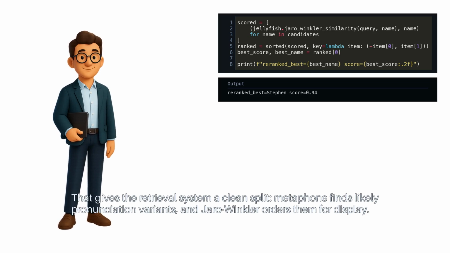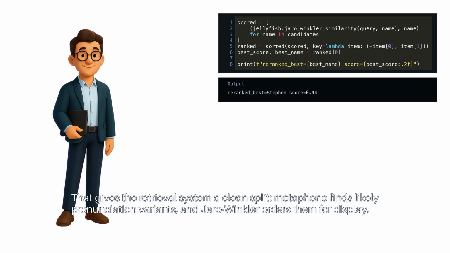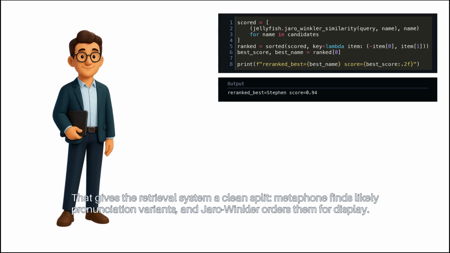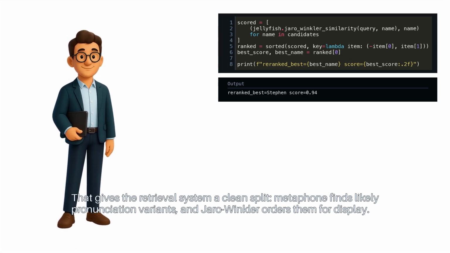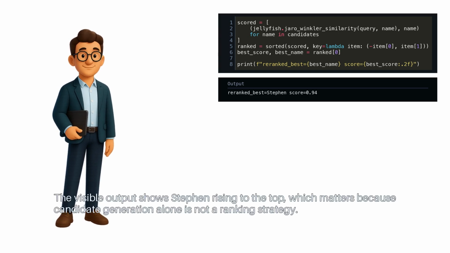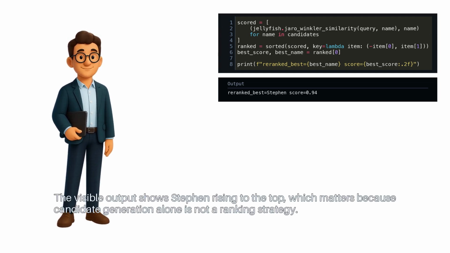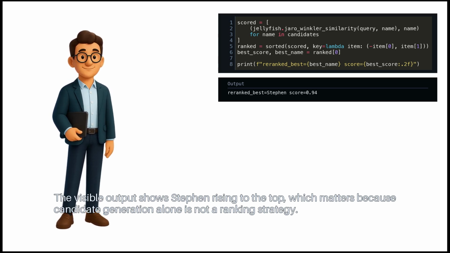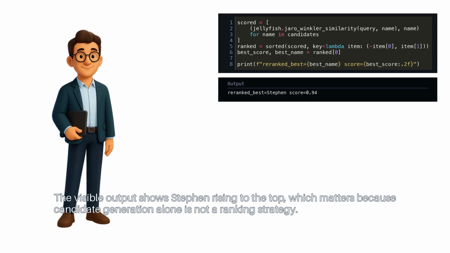That gives the retrieval system a clean split. Metaphone finds likely pronunciation variants, and Jaro-Winkler orders them for display. The visible output shows Stephen rising to the top, which matters because candidate generation alone is not a ranking strategy.